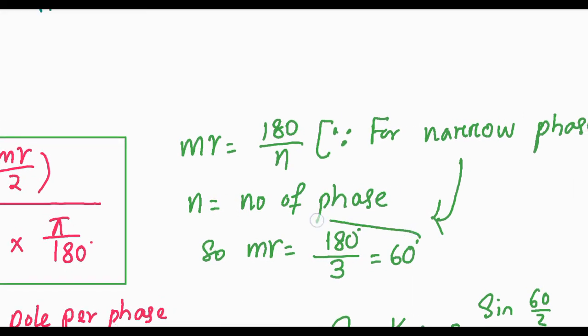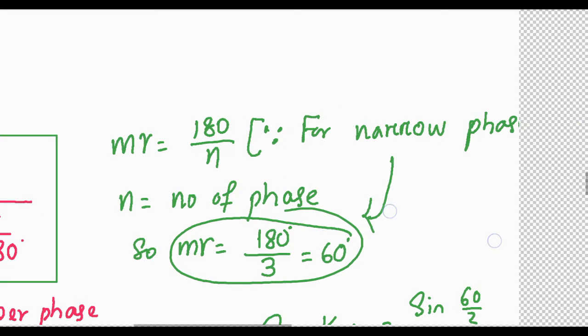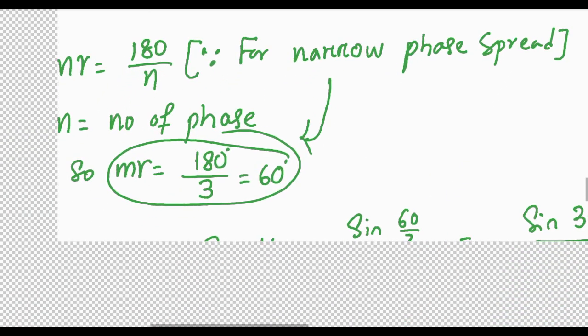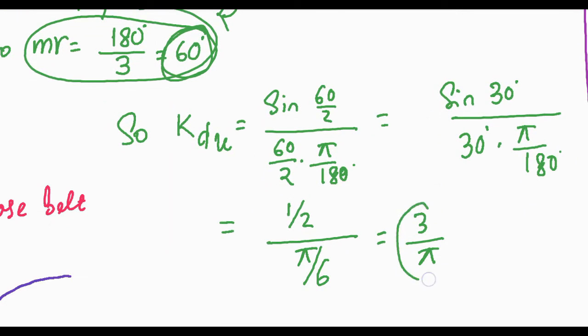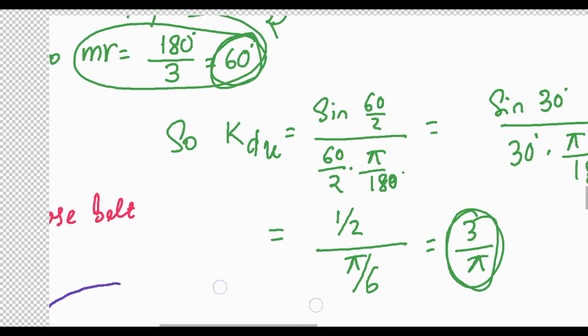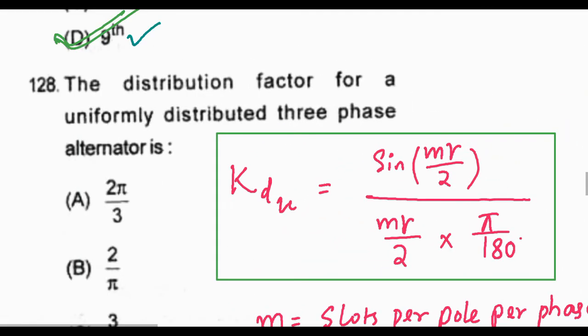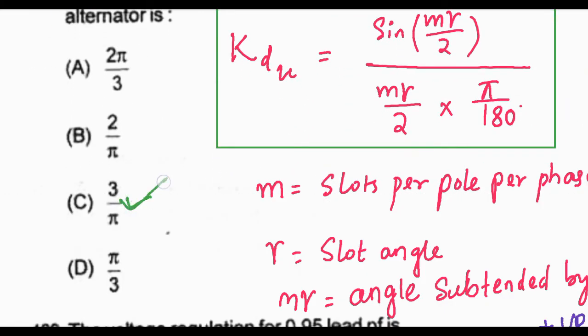So m gamma is 60, for narrow phase spread, and Kd will be sin(60 by 2) by (60 by 2 into pi by 180). If we solve this, this will be 3 by pi. The answer will be 3 by pi.